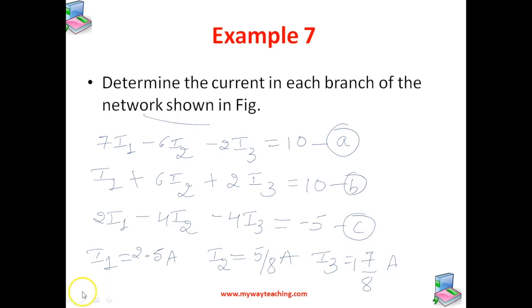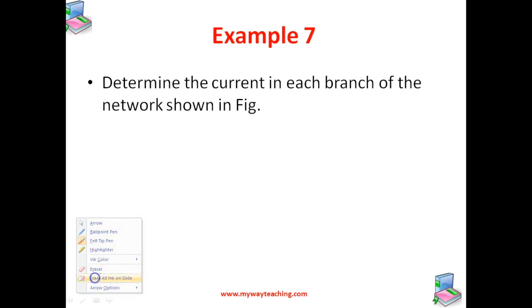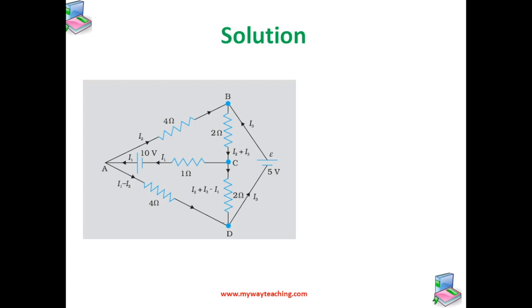So the currents in various branches, if you consider: the current in branch AB is I2, that is given by 5 by 8 amps. The current in the branch CA is I1, that is 2.5 amps.